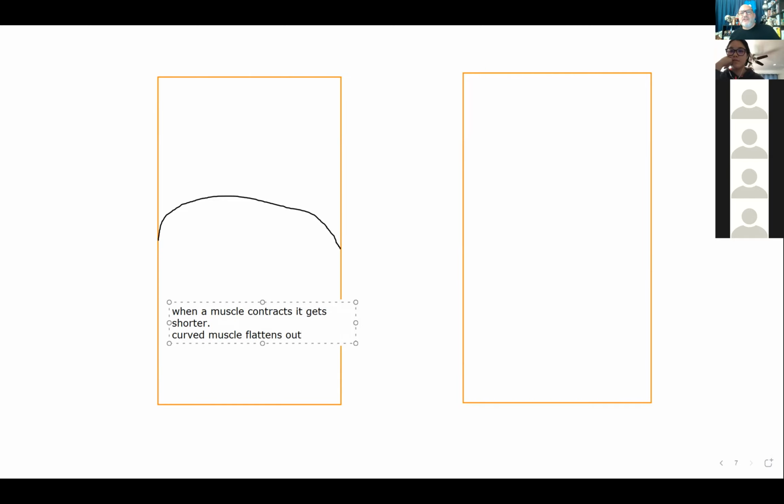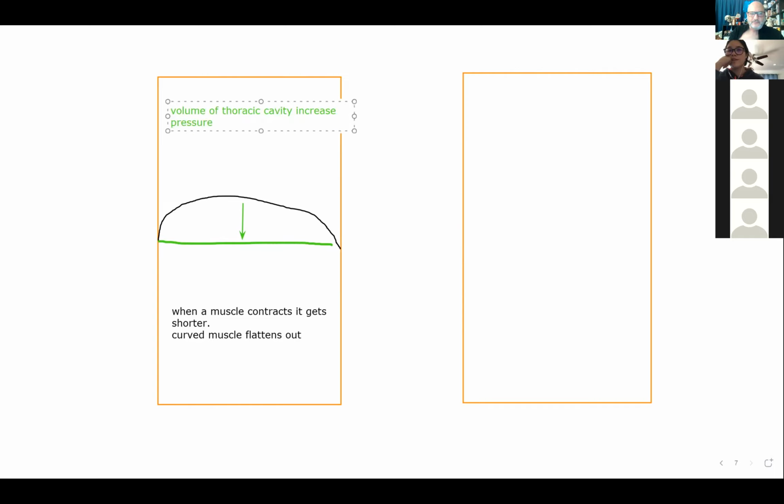So when our diaphragm contracts, what ends up happening is that it flattens out. And notice when it flattens out, what happens to the volume in our thoracic cavity? It increases.